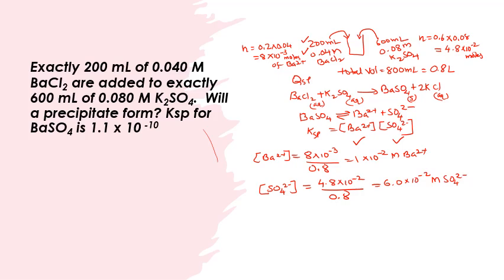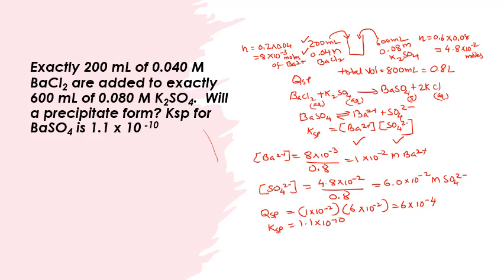Correct? And now what I will do, I will just substitute in the Qsp because the Ksp expression is that. The Qsp expression is also going to be the same. The only thing is I am using the concentrations which are not at equilibrium. So the barium ion concentration I got is 1 times 10 to the power negative 2, and the sulfate ion concentration I have is 6 times 10 to the power negative 2, which gives 6 times 10 to the power negative 4. And the Ksp is 1.1 times 10 to the power negative 10.